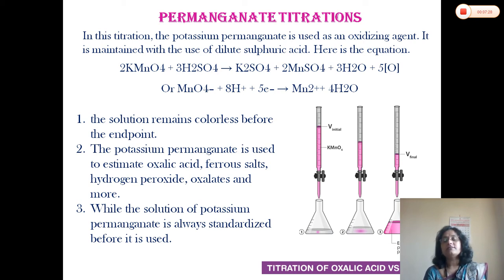That's why this is the self indicator. We need not use any external indicator to determine the end point in a permanganate titration. Potassium permanganate is used to estimate the concentration of oxalic acid, ferrous salt, hydrogen peroxide, oxalates, and many more. So this is all about the permanganate titration.